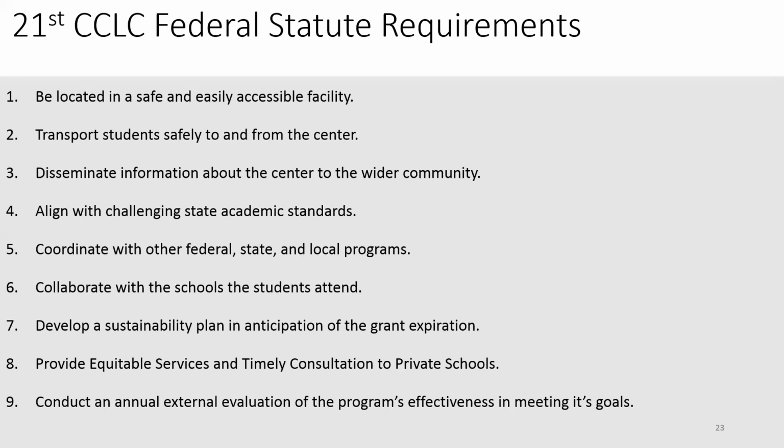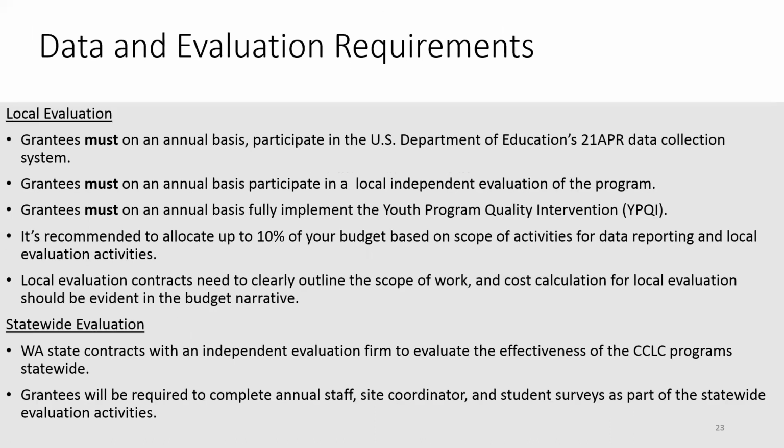And number 9 is conduct an annual external evaluation of the program's effectiveness in meeting the program goals. This is kind of a skip off of the last one, the data and evaluation requirements at the local level.